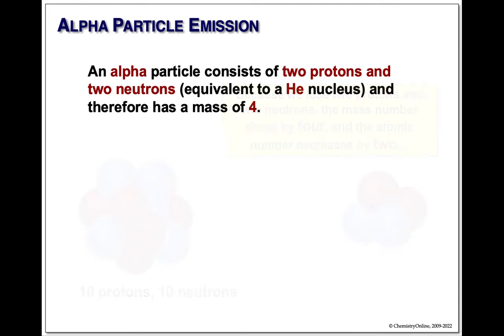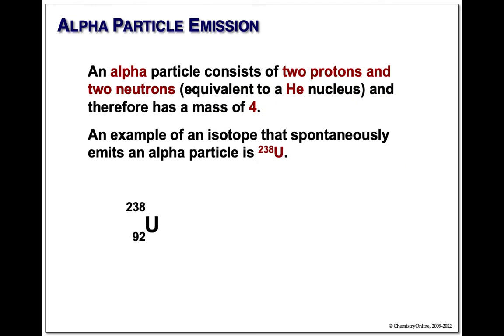One element that does this quite dependably is uranium. We just heard it. Uranium-238, mass number of 238, can lose an alpha particle. When it does, it's going to form a different element. We have lost 2 protons from the nucleus, so the atomic number of our new element has dropped.